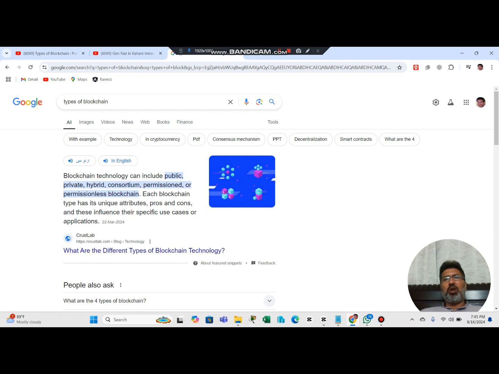Actually, there are four types of blockchains. One is public, second is private, third is consortium, and the fourth is hybrid. So let me discuss each individually. What is public?